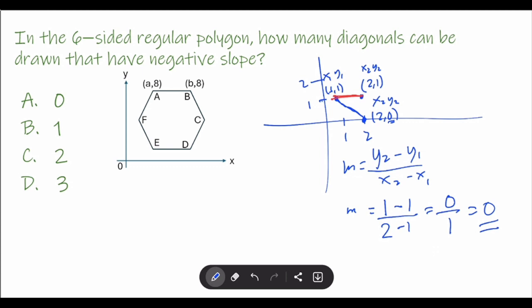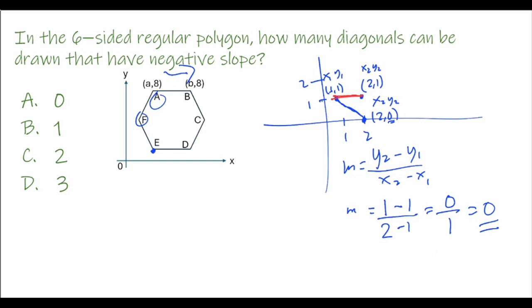So going back to our figure, since the slope of a graph is viewed from left to right, we're going to check only the points going to the right side. We're going to start with E. If we make a diagonal from E, there's only one that is not going upwards.